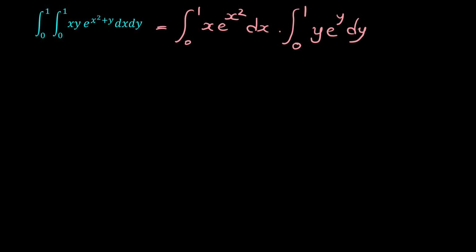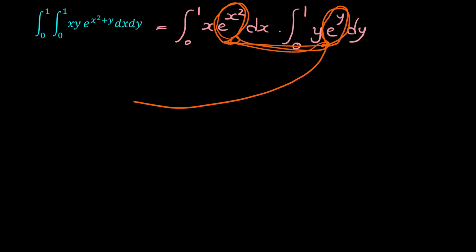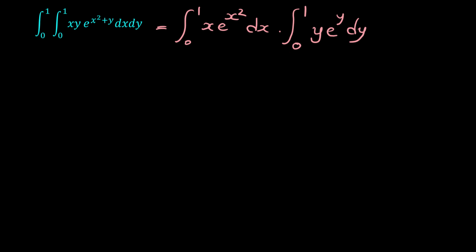Again, please pay attention: if we multiply e to the x squared by e to the y, we get e to the x squared plus y. So we can write this double integral as the product of two single integrals. Now we have to find these integrals.